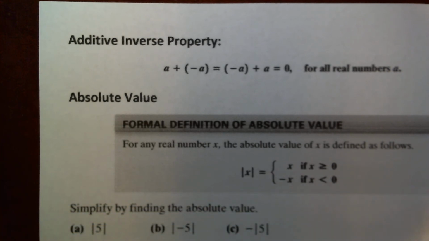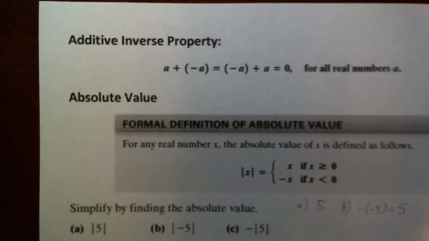So here we have some exercises simplified by finding the absolute value. So for a, the absolute value of 5 is 5. And going by the definition for b, it's minus minus 5, and that's equal to plus 5, using the double negative approach.